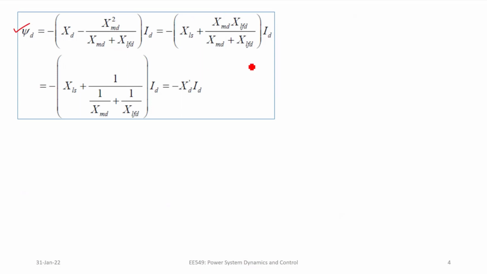again we can derive the relationship between flux linkage and the current ID. After deriving the equation, we'll find the expression as xd minus xmd squared by xmd plus xlfd.